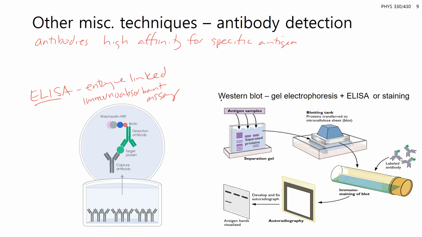A Western blot is taking advantage of ELISA at the end, but you're including gel electrophoresis at the start, and then you would do ELISA with a colorimetric marker, or you could also do staining and then photographic development of that even. So you'll see in many biophysical papers, ELISA or Western blot images.